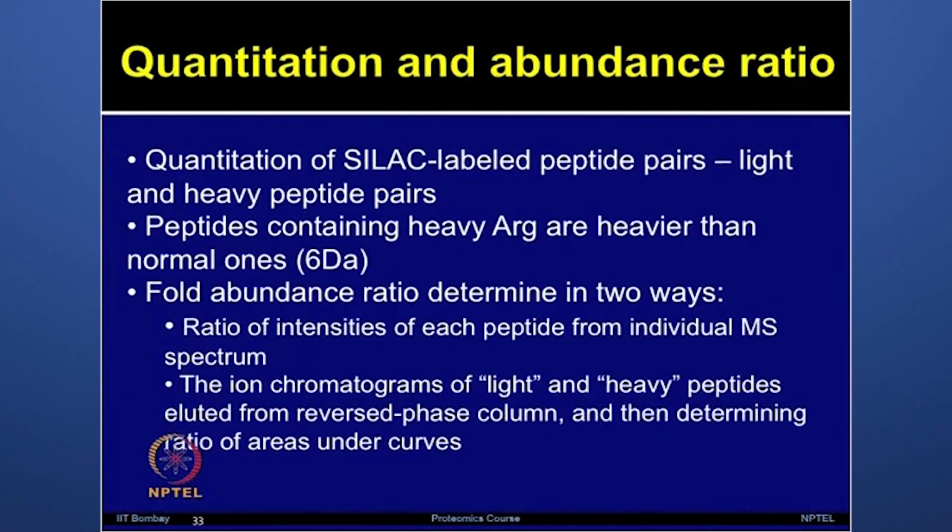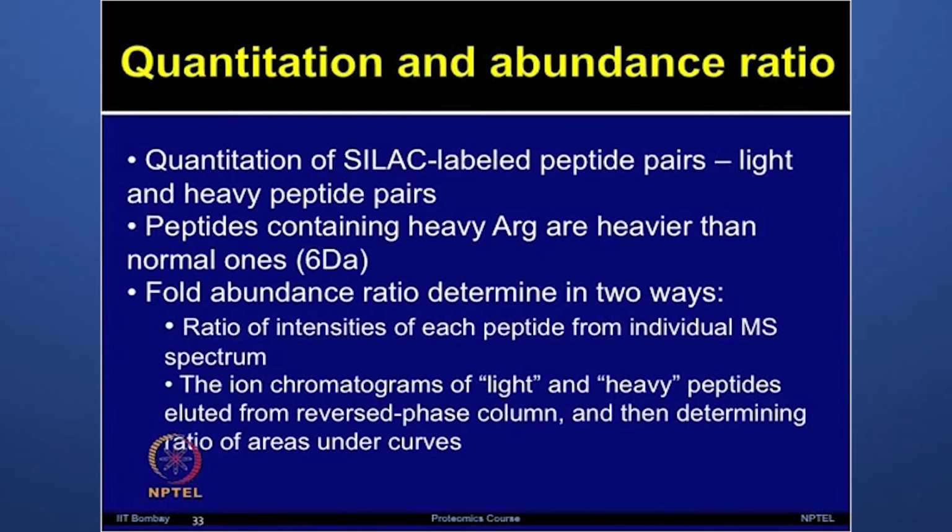The quantification of SILAC labeled peptide pairs, which are the light and the heavy peptide pairs. So, these peptides containing, for example, heavy arginine are heavier by 6 Dalton than the normal ones. So, these fold abundance ratios can be determined in different methods.